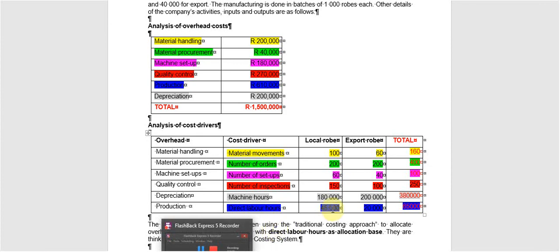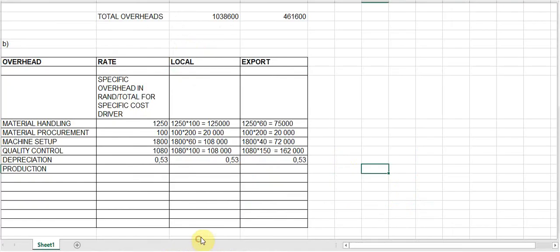Right, now we need to multiply by the specific cost driver for that product, which is 180,000 and 200,000 respectively. So here I'm going to times by 180,000, and here I need to times by 200,000.